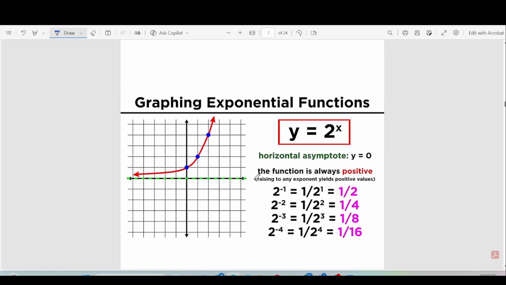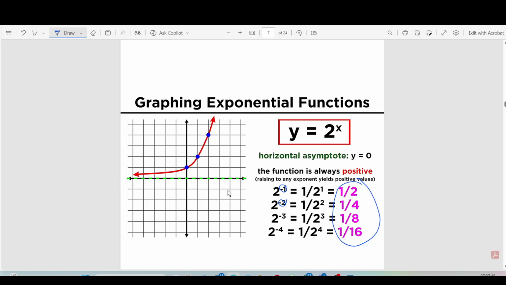As I said, even when we put negative values, the function is always positive, right? 2 to the power negative 1 is 1 half, 2 to the power negative 2 is 1 fourth, 1 eighth, 1 over 16. So raising to any exponent, we are getting positive values.